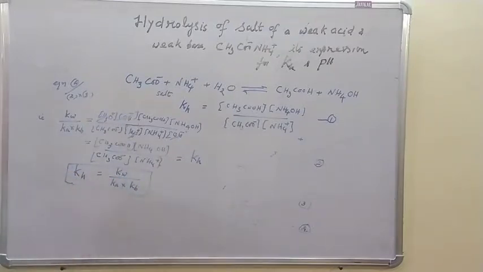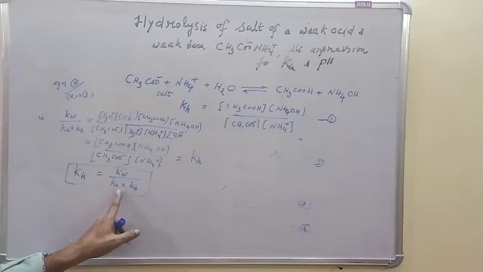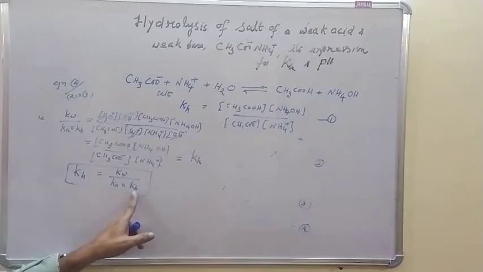The hydrolysis constant KH of a weak acid and a weak base is equal to the ionic product of water divided by Ka into Kb. Ka into Kb is the denominator, Kw is the numerator, where Ka is the dissociation constant of the weak acid and Kb is the dissociation constant of the weak base. So that is the situation.